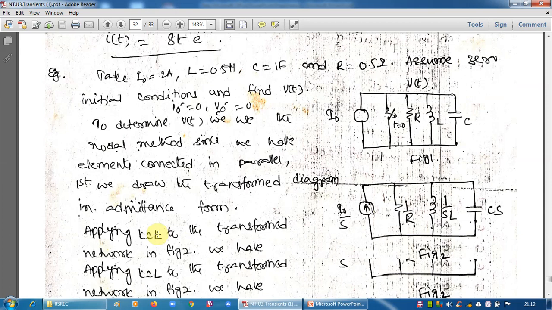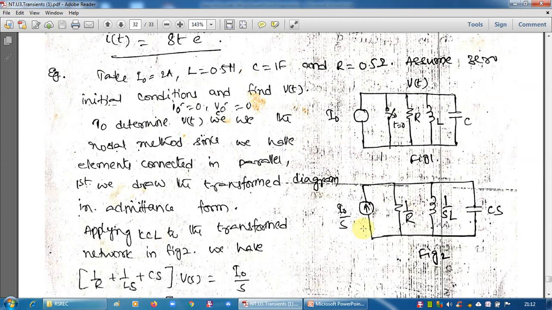So that is one circuit, and this is a parallel circuit. For the parallel circuit, we represented all admittances in the transformed network. You see here, at t equal to 0 the switch is open. If it is open, then only I will be connected to the supply circuit.